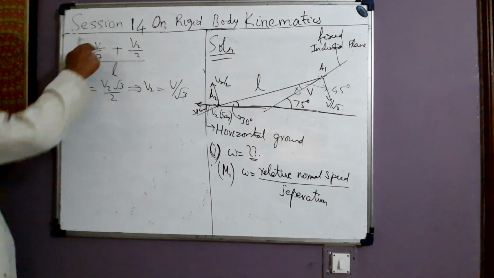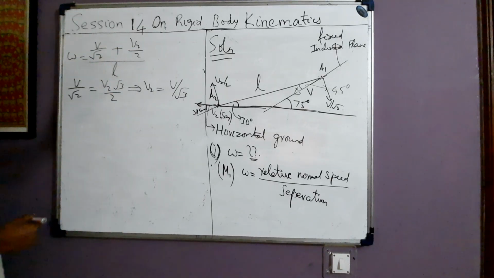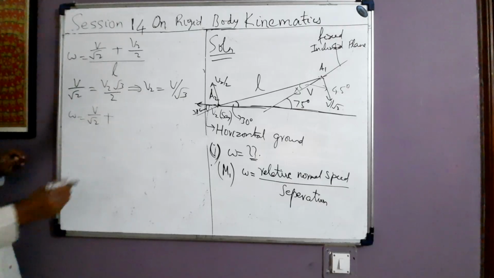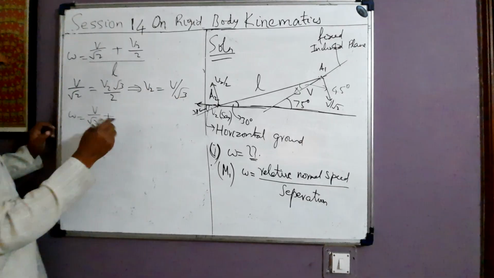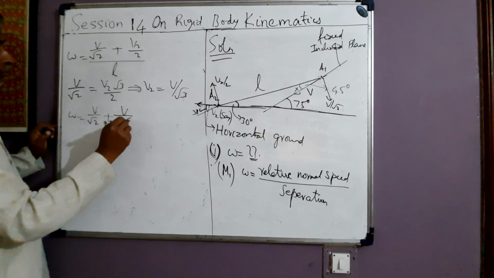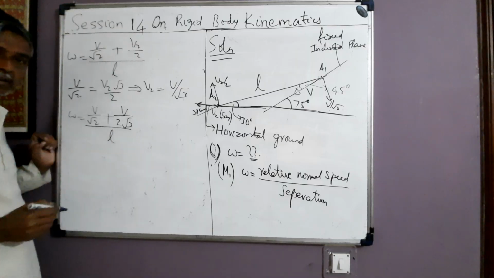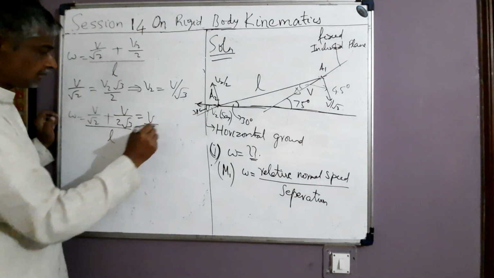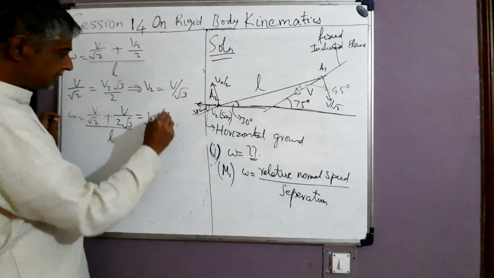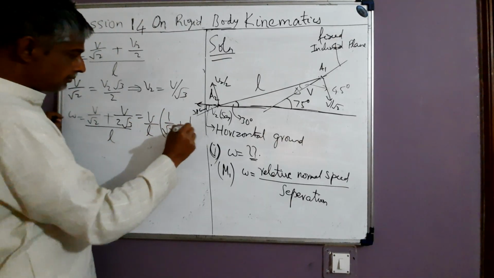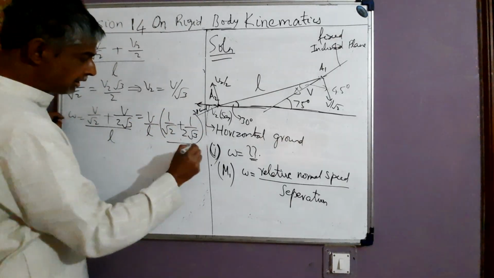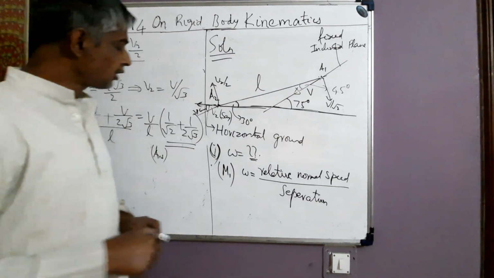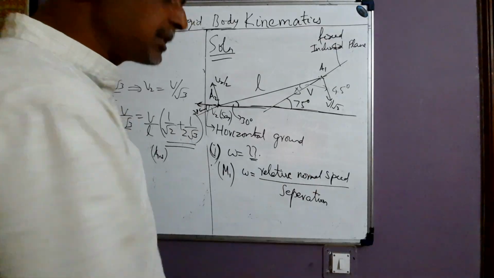Now I substitute this V2 here. So omega becomes V by root 2 plus V by 2 root 3 upon L. This is omega. If you want, you can simplify it or leave it like this. There is no harm. Like V by L, I'll write it as 1 by root 2 plus 1 by 2 root 3. This is the answer to omega by the first method. This is solved by using the concept of relative normal speed by separation.